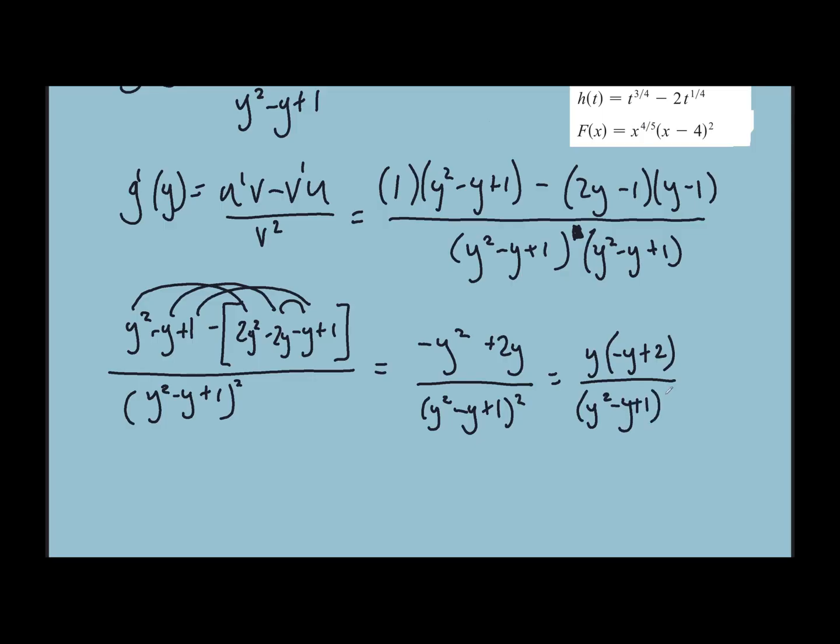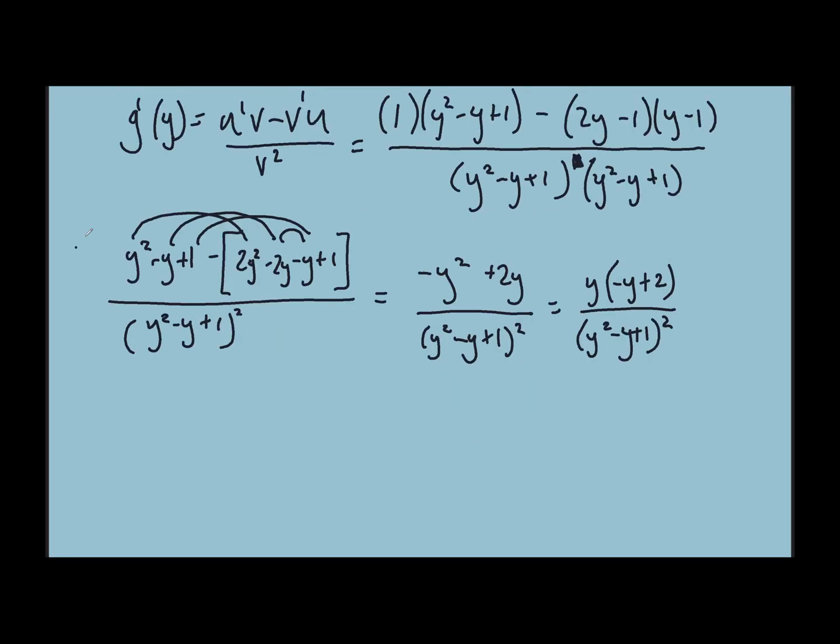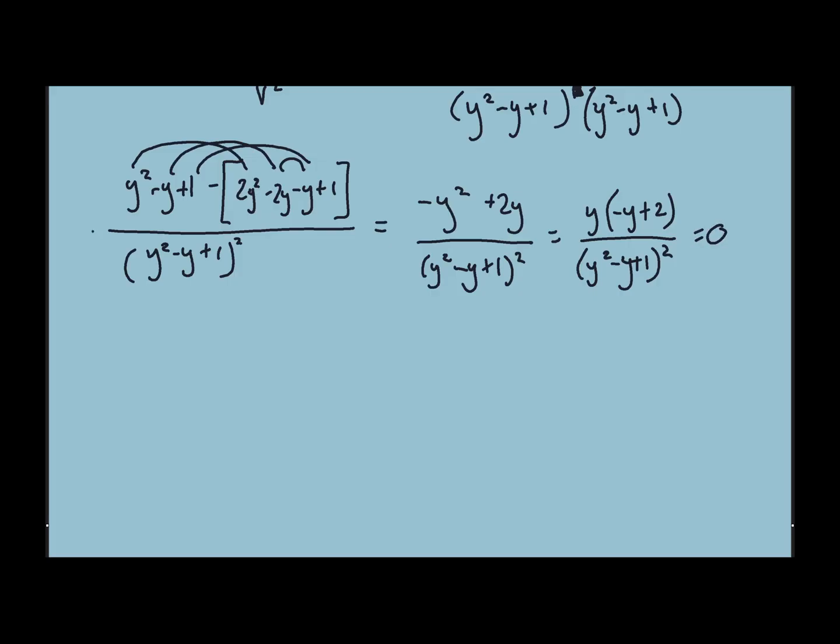And the reason that I didn't expand the denominator is that we are going to set this equal to 0. And 0 divided by anything except 0 is 0. So I'm not really worried about this so long as there's no domain problem where it becomes undefined and you're dividing by 0. So all I care about is this numerator here. So of course this y, you can just say y equals 0 would make this whole thing 0.